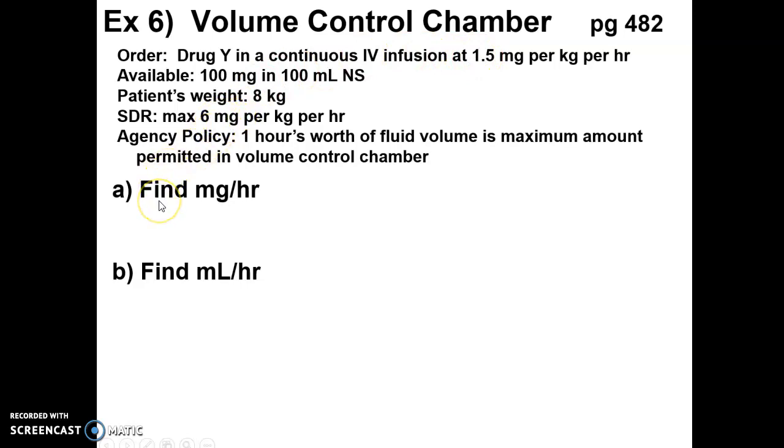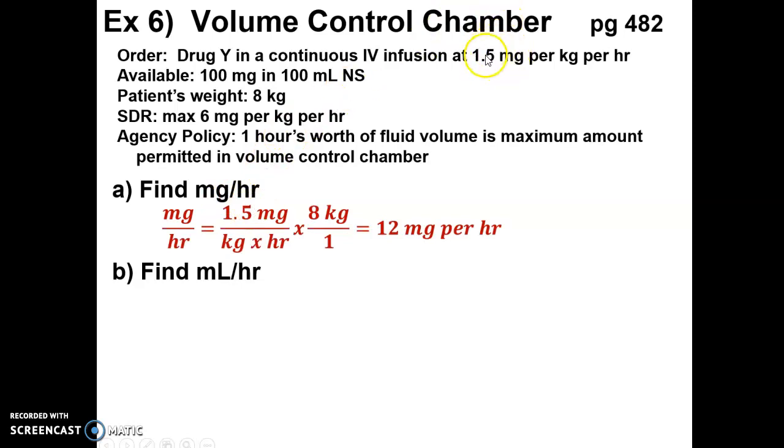So let's jump in here on part A. We've got to figure out milligram per hour. Okay, so that is our desired answer. We're going to stack in here milligram per hour, which means we need milligrams at the top. And in your order, they tell us that 1.5 milligram needs to happen per kilogram per hour. So we'll stack 1.5 milligram over kilogram an hour. So what else do we need?